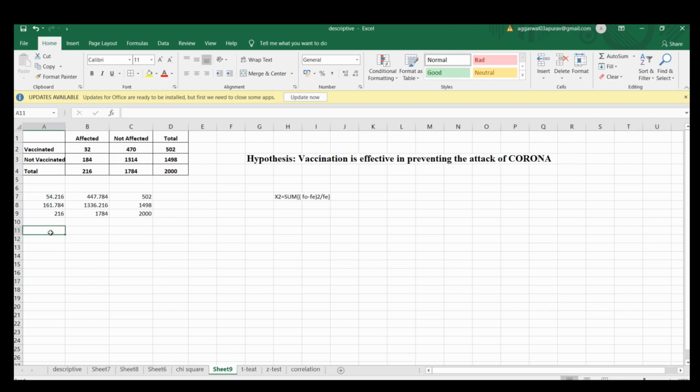Started by the symbol of equal, FO minus FE, observed frequency minus expected frequency. Observed frequency is 32 minus 54. Press enter.